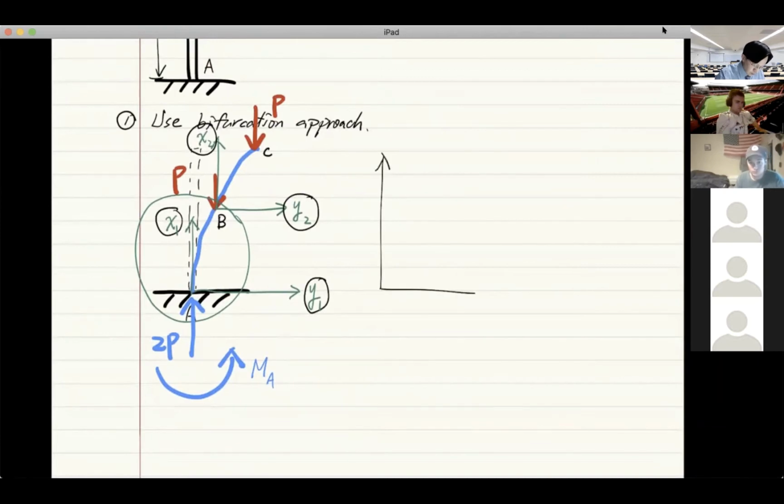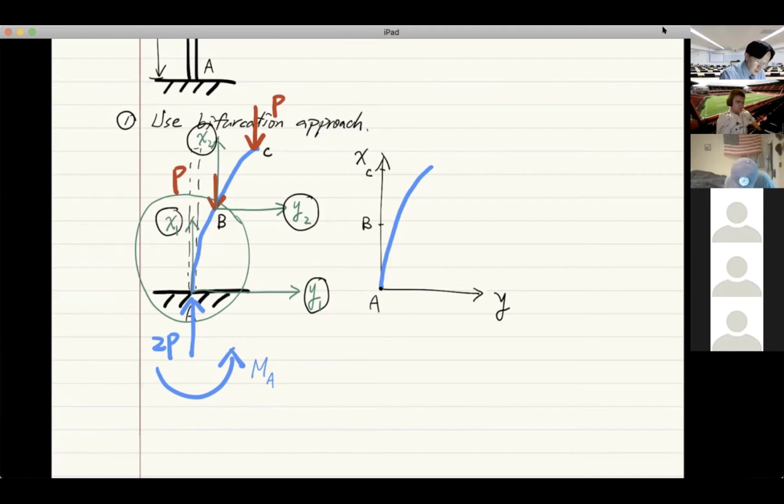That means this is our Y, this is our X, and the profile looks like this, at point A, at point B, and at point C.